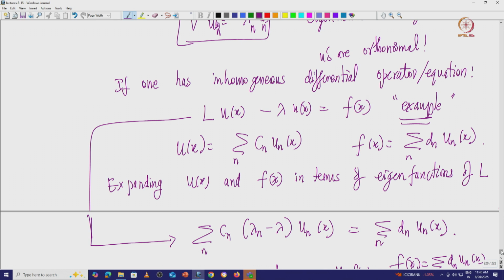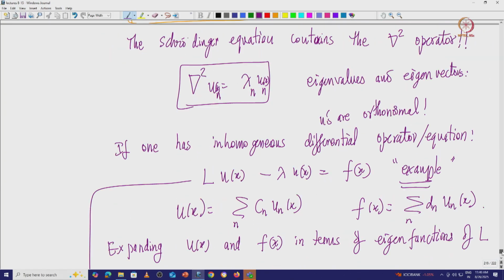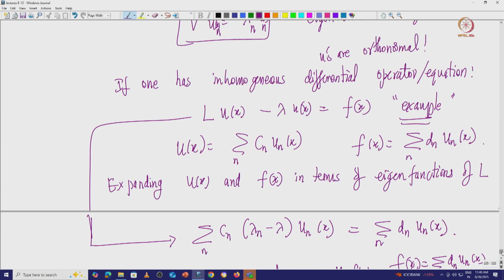Now, put it back into the differential equation. This is important: you can expand it in terms of this complete set of bases, so it forms a complete set of functions. When it forms a complete set of functions, you can always expand any function, consistent with proper conditions, in this particular fashion.